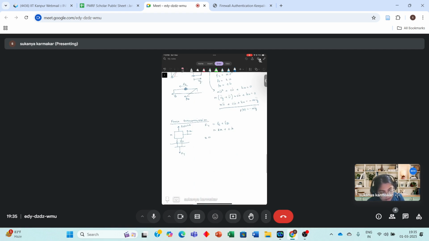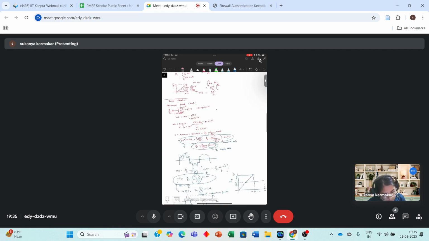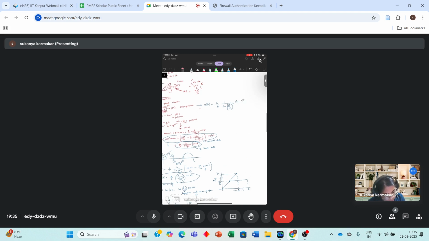So we said that u of t is equal to p naught by k, 1 by (1 minus omega by omega n whole square), into (sine of omega t minus omega by omega n sine of omega n t). This is the entire solution.